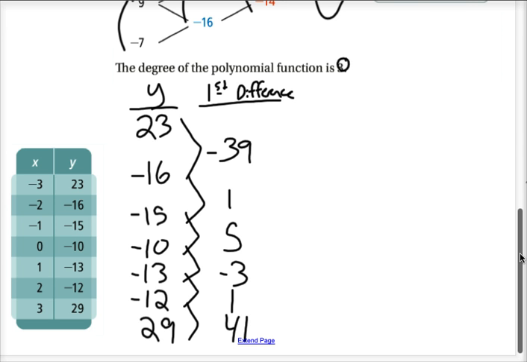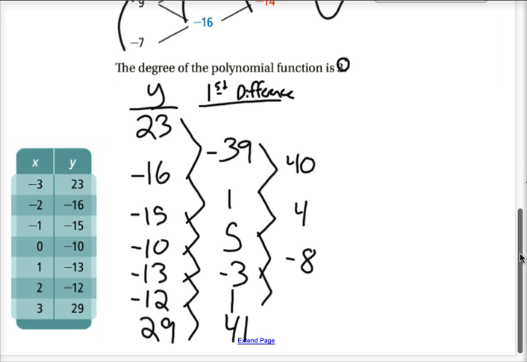Okay, now notice they're all different. So what that means is we have to do this again. So negative 39 up to 1 is a difference of 40. The difference between 1 to 5 is 4. 5 down to negative 3 is a negative 8.